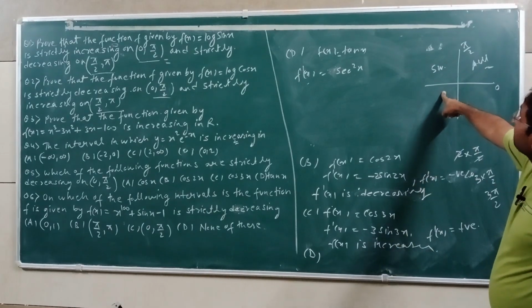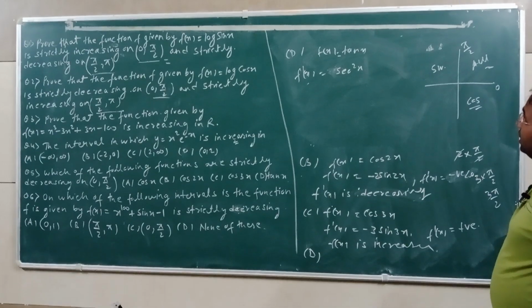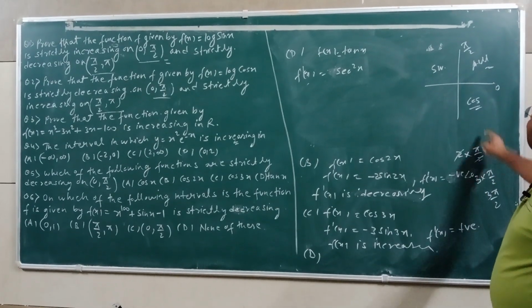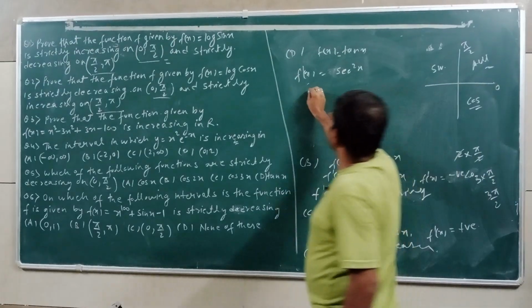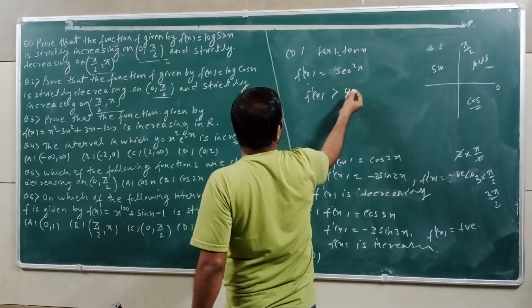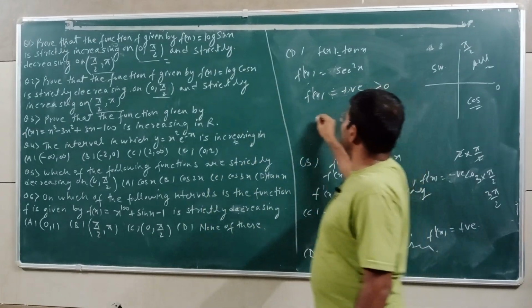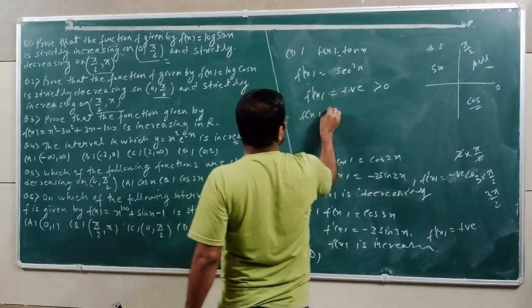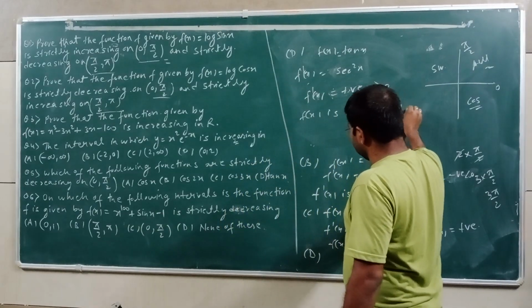Now see, sec square means cos. It is asking about 0 to pi, where all are positive. It means f dash x will be greater than 0, positive means greater than 0, so you will say that f(x) is increasing in this function.